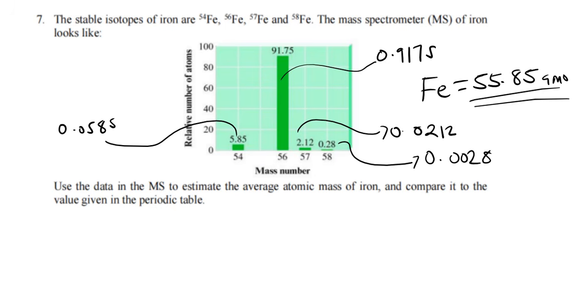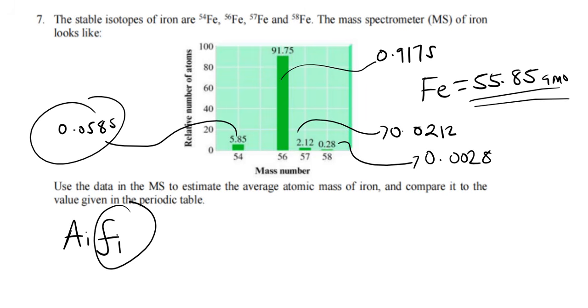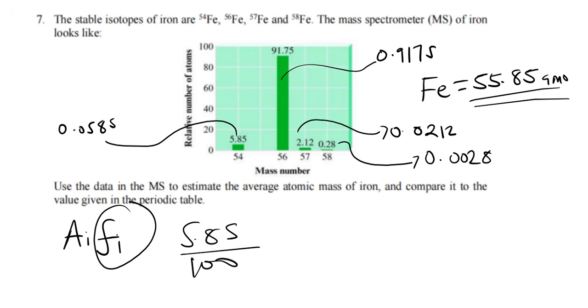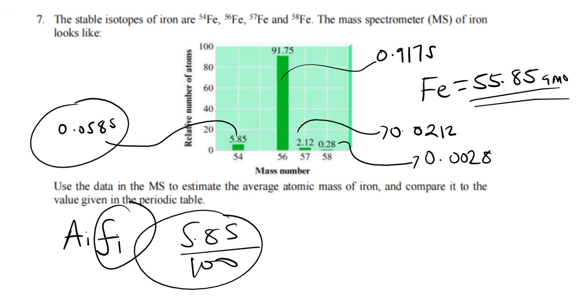Then we're going to multiply each isotope's mass by its fraction. You remember the formula, right? The atomic mass unit multiplied by the percentage abundance. The percentage abundance is what we just found. These ones that I'm dividing, like 5.85%, that is the percentage, and when we divide, we get these decimals.